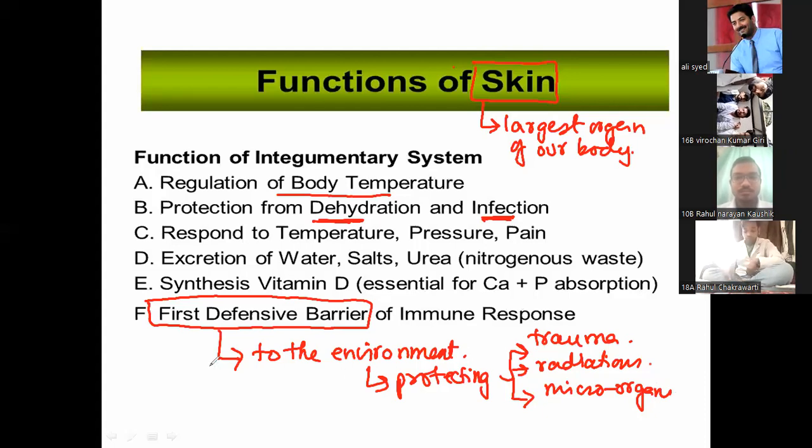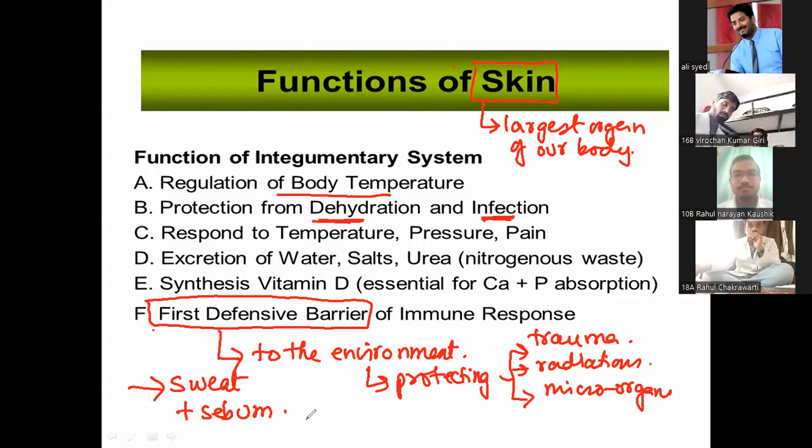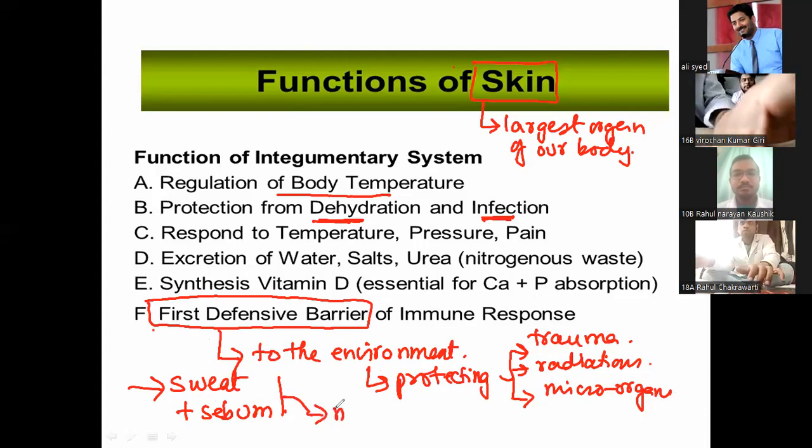So how is it going to protect? Your skin forms sweat plus sebum. There will be secretion of sebum and formation of sweat, and now these two secretions are going to mix together.